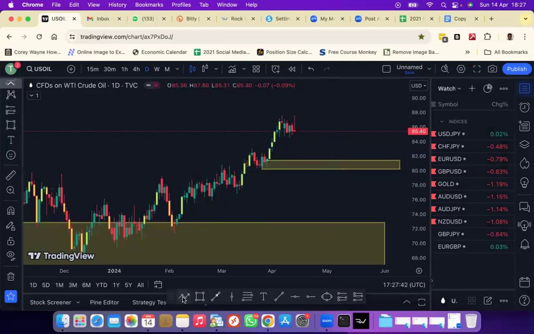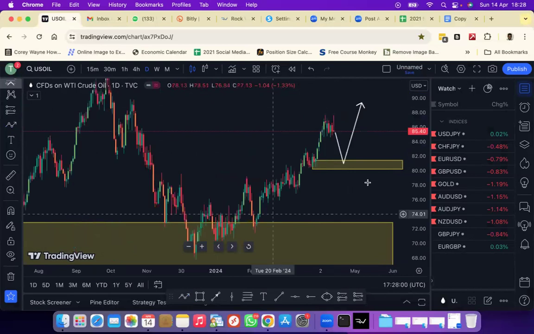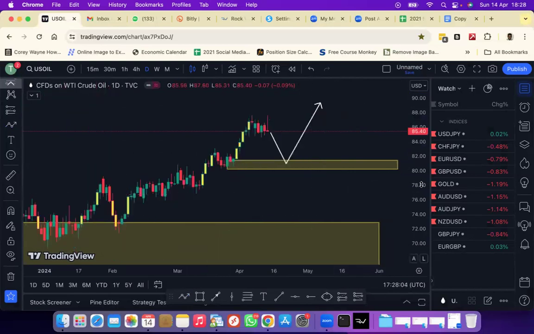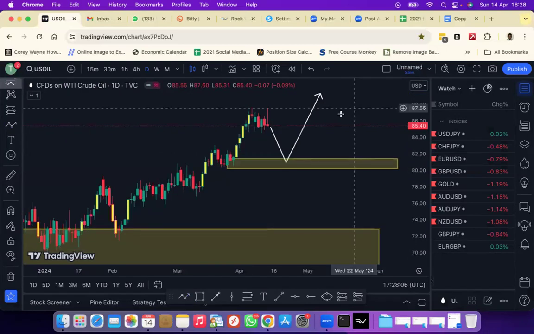So from a long-term perspective of oil, possibly you might see oil drop to about $80 before shooting up and going high. And if oil drops, that's going to have a very, very serious effect on pretty much every commodity.